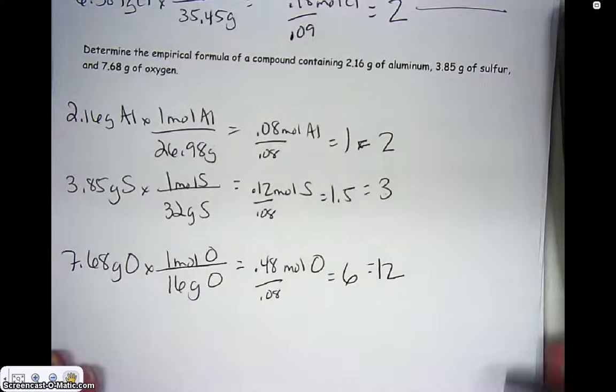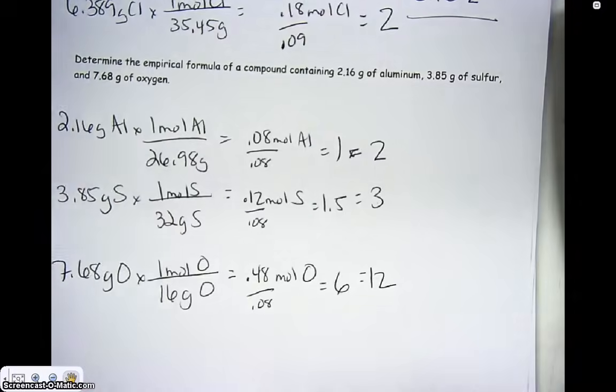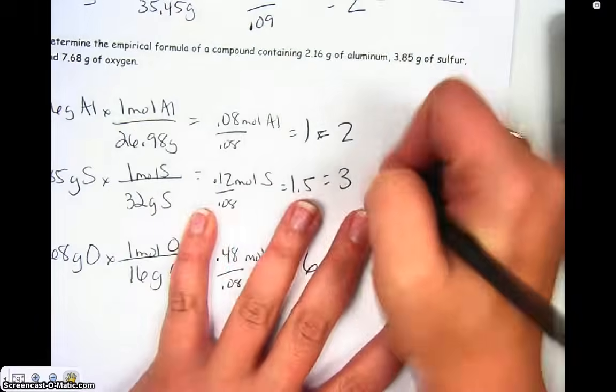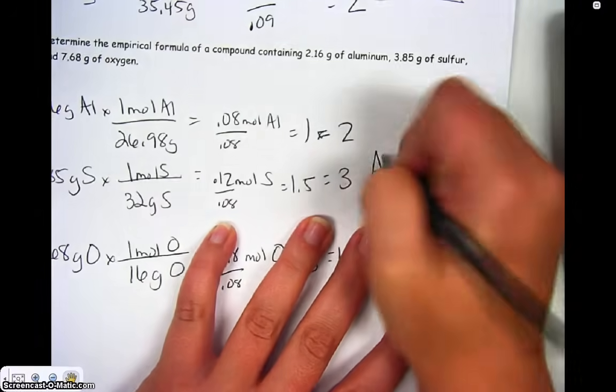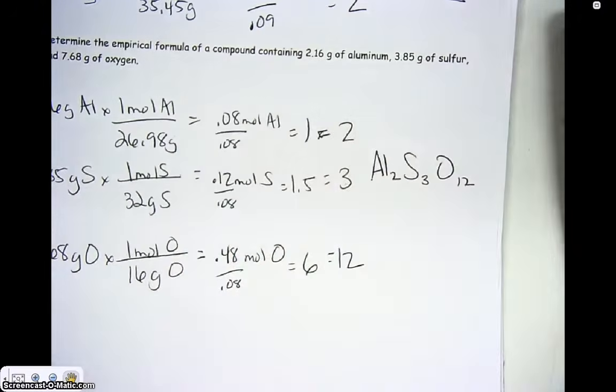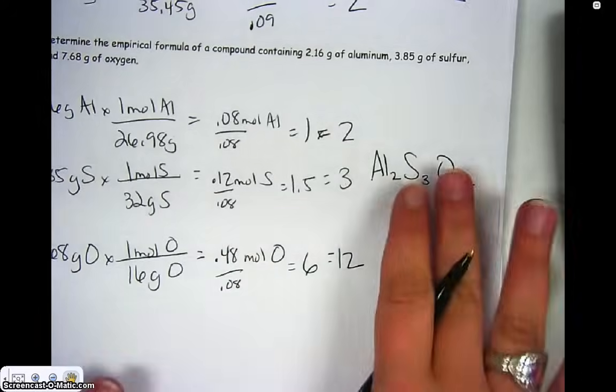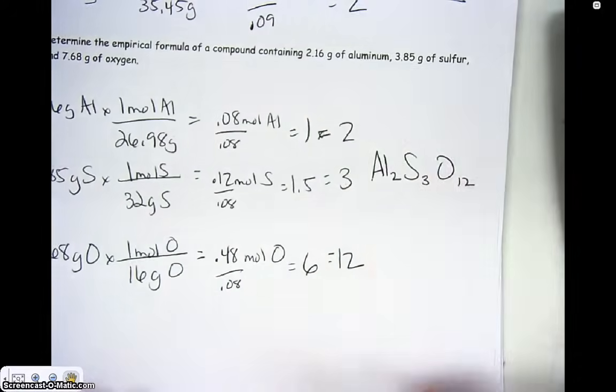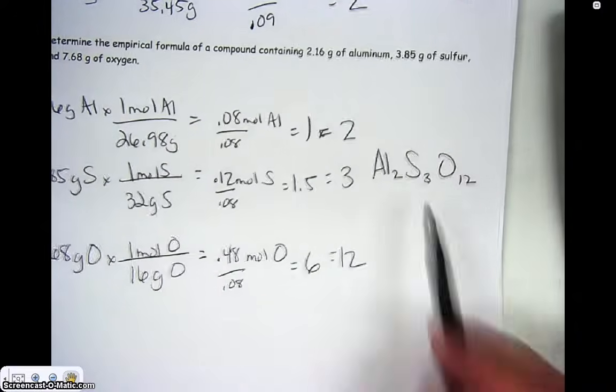Now let's write out that formula, and then think about how we would actually see it when we write out ionic compounds. So Al2, S3, O12. That looks a little weird, right? But if you see sulfur and oxygen together and we're talking about an ionic compound, that should signal to you that we have some sort of sulfate.